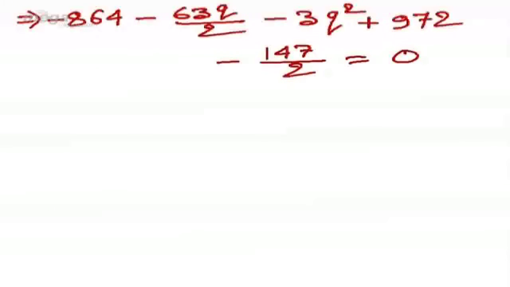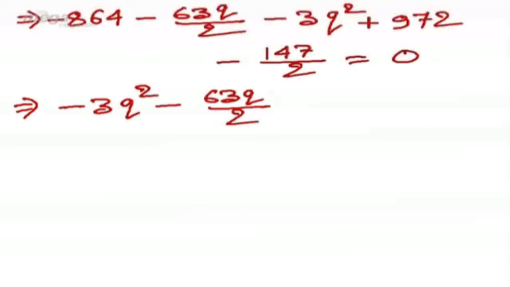Now student, we will simplify and you will get here minus 3Q square minus 63Q upon 2, and after the simplification plus 108 minus 147 upon 2 equal to 0.